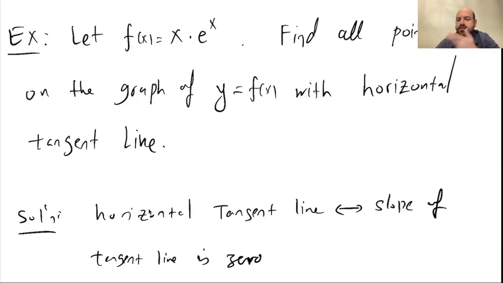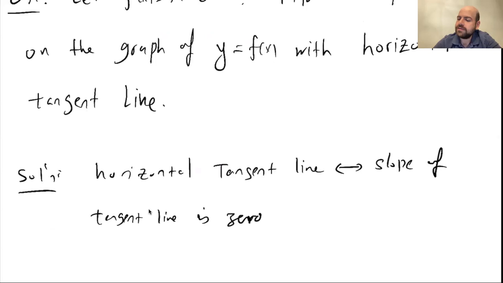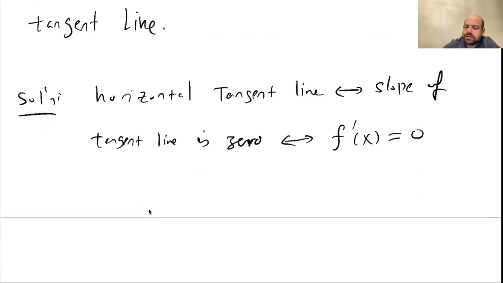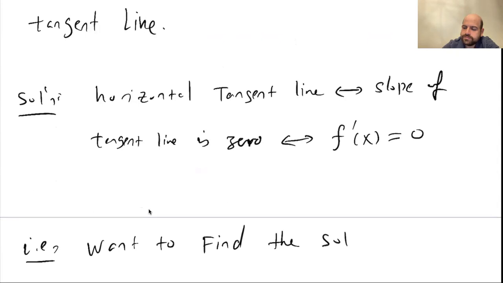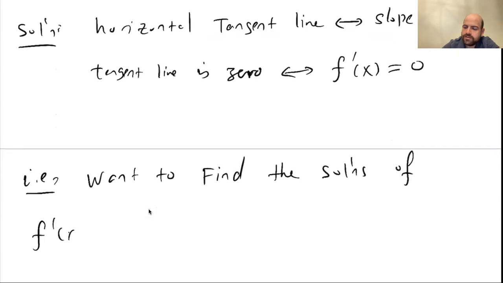And this is the same as asking for f prime of x equals 0, because the slope of the tangent line means f prime. The slope of the tangent line at any point x is f prime of x. So if you want the slope of the tangent line to be 0, you want f prime of x to be 0. So in other words, we want to find the solutions of f prime of x equals 0.